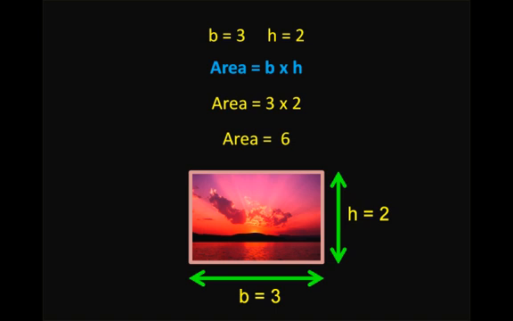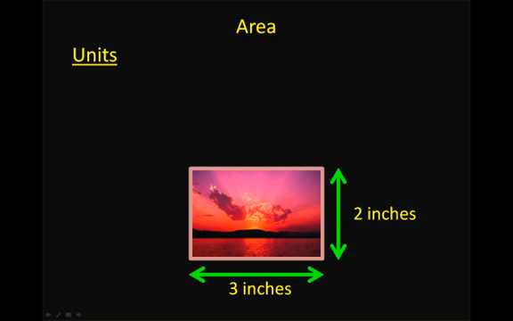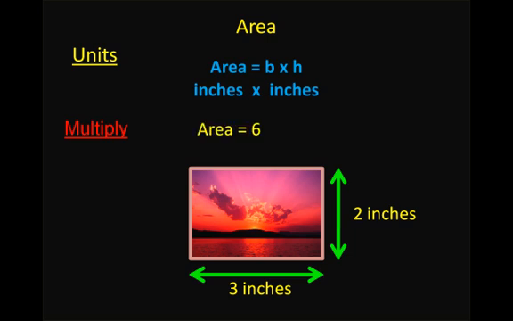And once again, we want to go and check out our units. So our units, in this case, again, we're going to look at inches. If we have inches times inches, we're actually multiplying. So when we multiply inches times inches, we are going to get square inches.